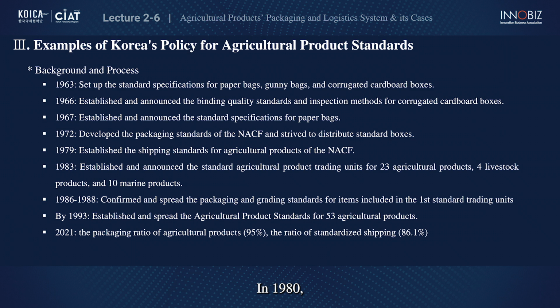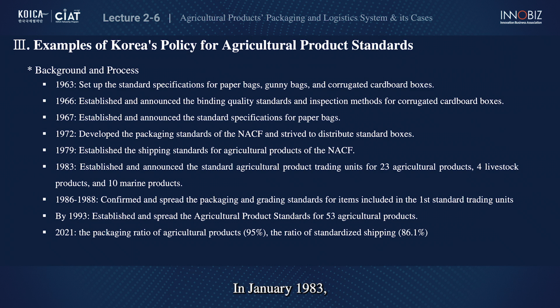In 1980, the NACF conducted a study to establish standards for 20 agricultural products such as rice, barley, peaches, and grapes, whose standardization was considered relatively easy, and published the standards in early 1981. The NACF developed and announced its own standards for 25 items by 1982.